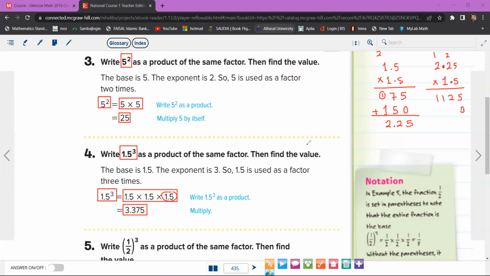Put 0. 1 by 5, 5. 1 by 2, 2. 1 by 2, 2. Then add. So 5, 7, 3, 3. Now the decimal point was after 2 digits and after 1, so it means after 3. So it will be exactly here. So the final answer is 3.375, or you can say 3 and 375 thousandths.